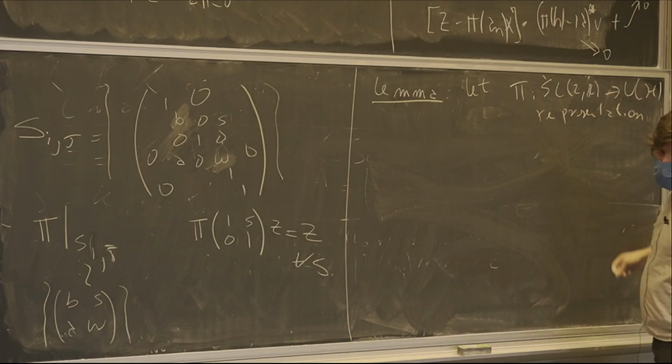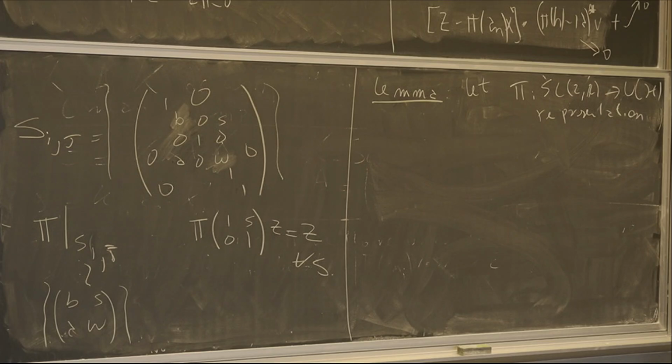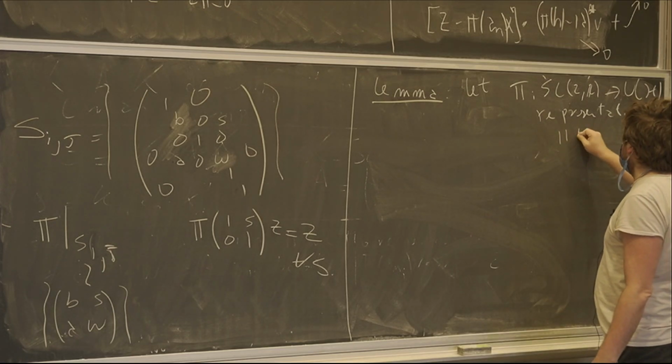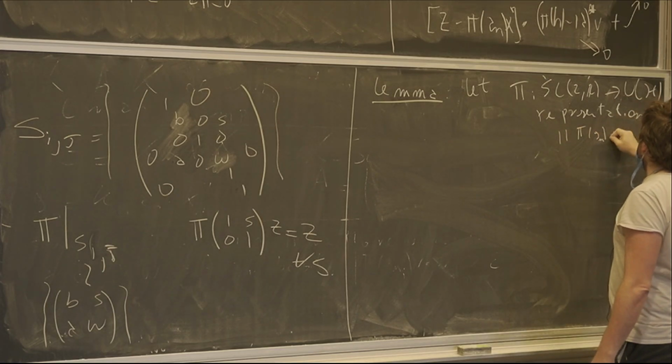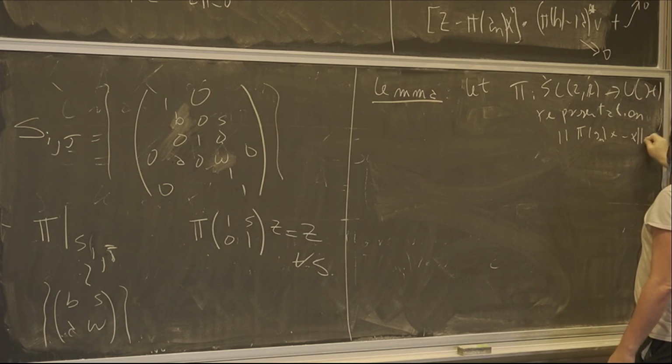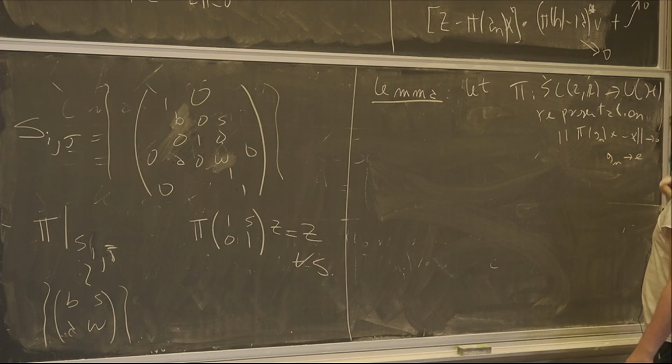Now I am allowed to have invariant vectors, even though I could always do the trick of taking the perpendicular, but it doesn't matter for this proof. The typical continuity: pi of gn x minus x goes to 0 when gn goes to the identity.